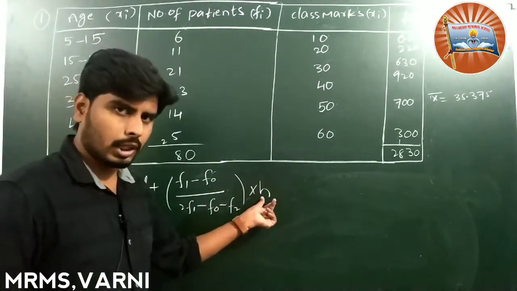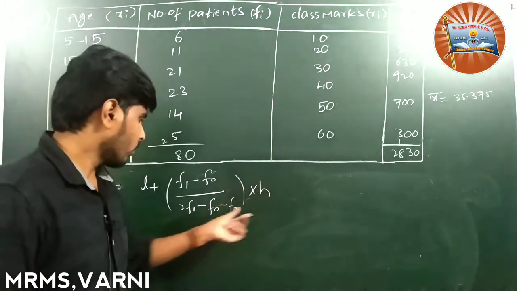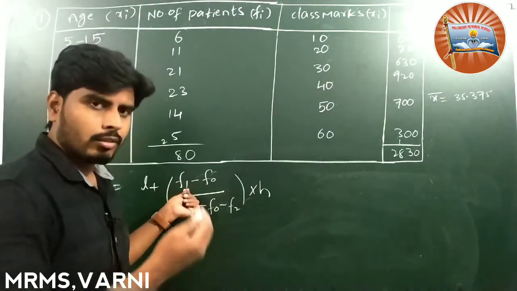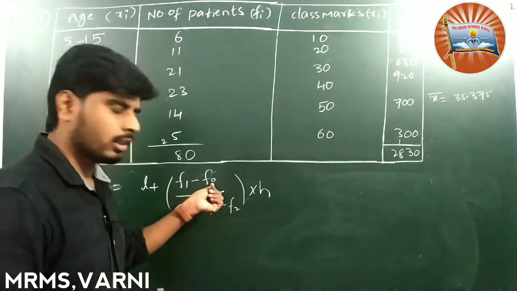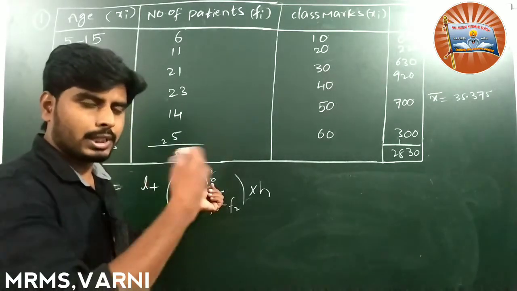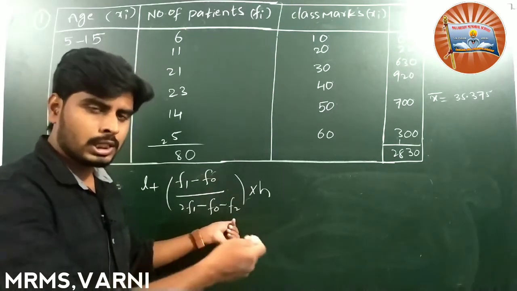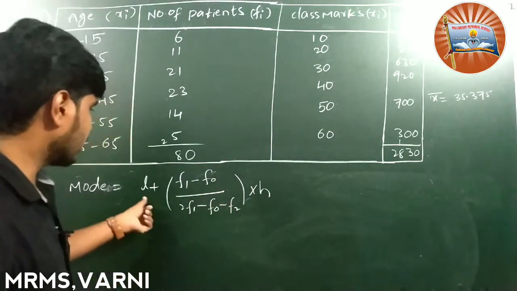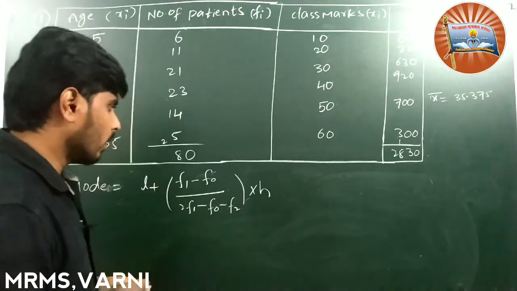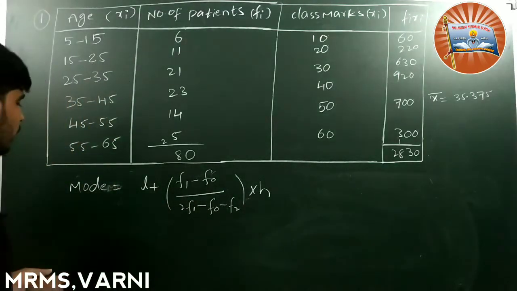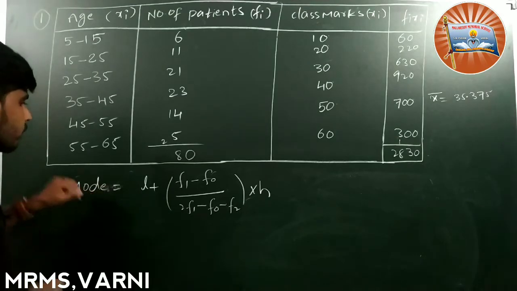H is nothing but the modal class size. F1 is nothing but the frequency of the modal class. F0 is the frequency of the preceding class of the modal class, and F2 is the frequency of the succeeding class of the modal class. Okay. L is nothing but the modal class lower boundary. Already we have seen this in the earlier video, right?